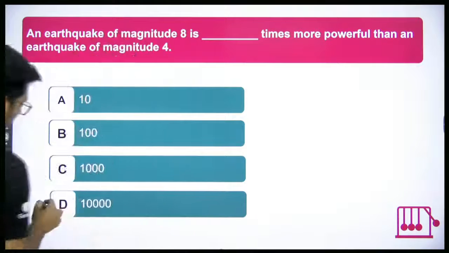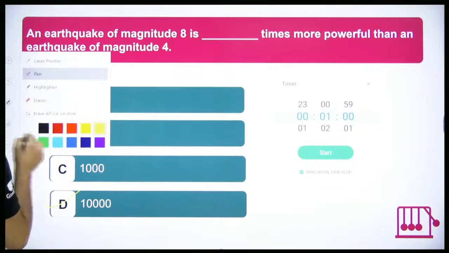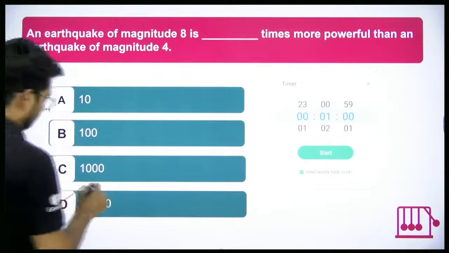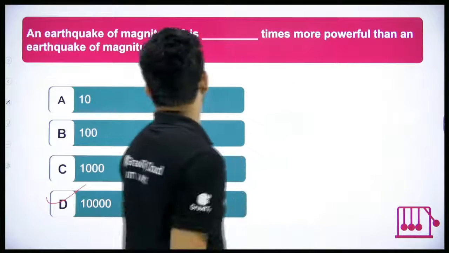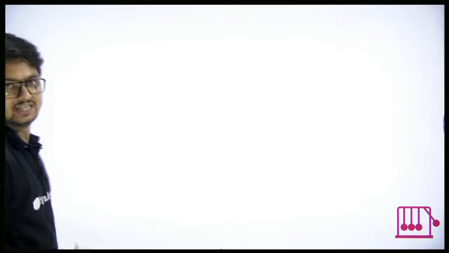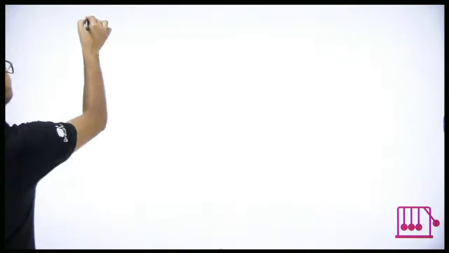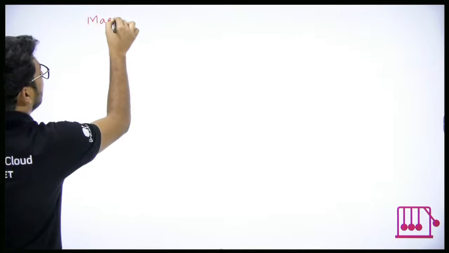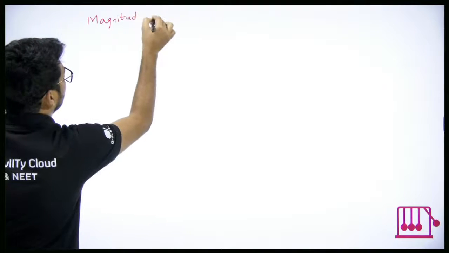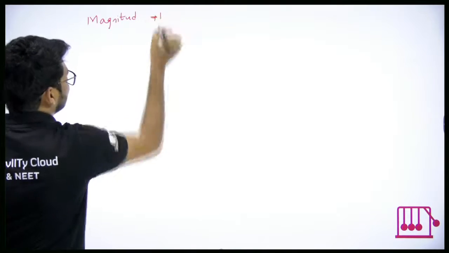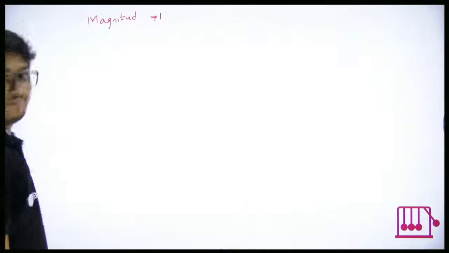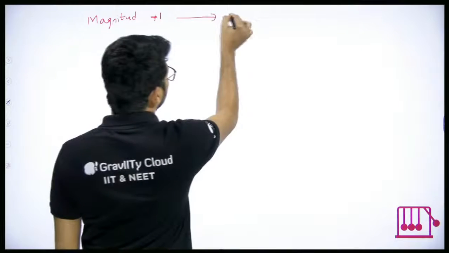And the answer will be option D. Why is it option D? Let me explain. First of all, understand this. On Richter scale, if the magnitude increases by 1, that means it is 10 times more powerful.